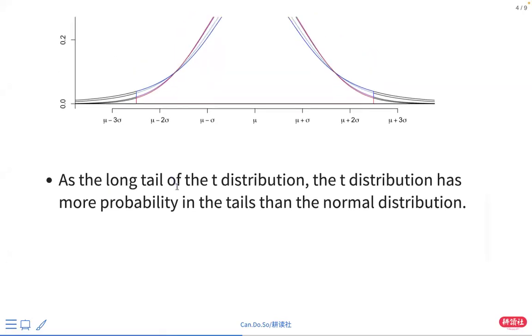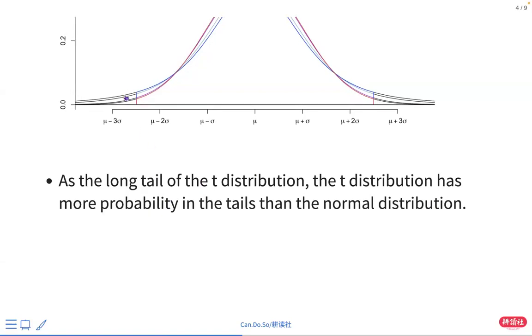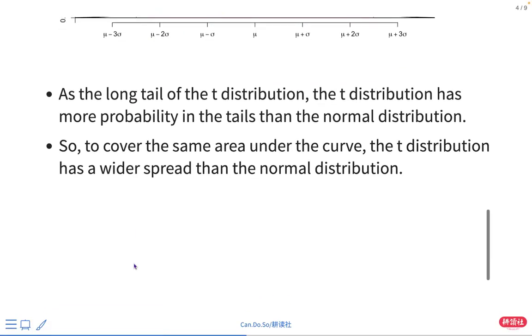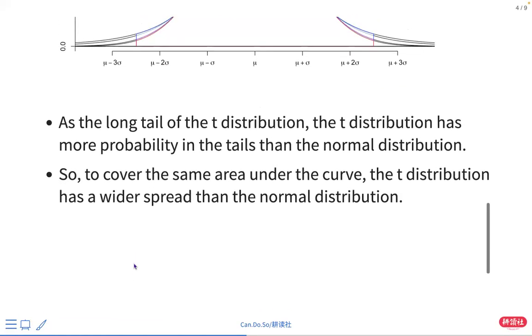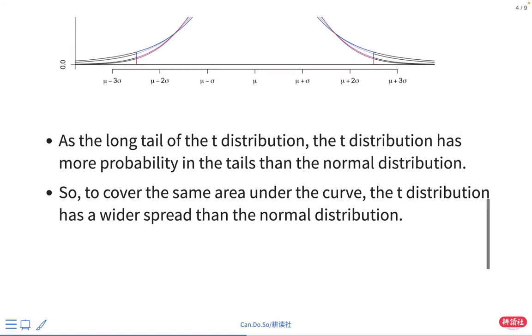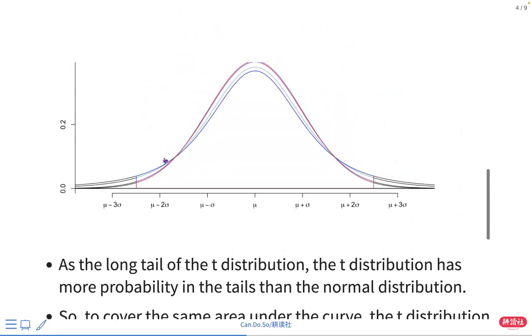Because of the long tail of the t-distribution, it has more probability in the tails, since the area under the curve there is bigger. So to cover the same area under the curve, the t-distribution has a wider spread than the normal distribution.